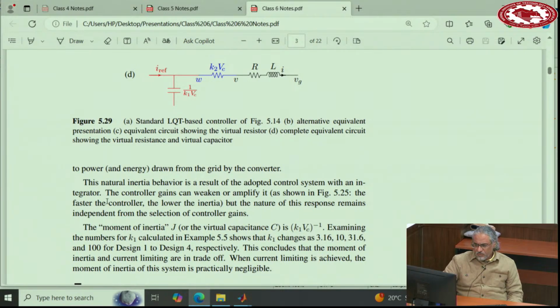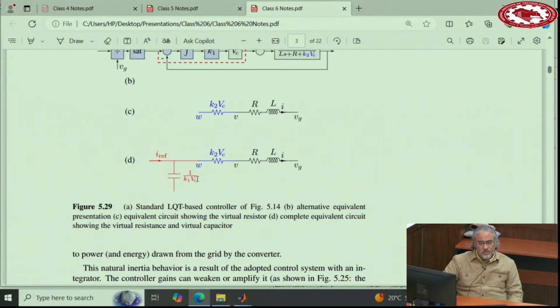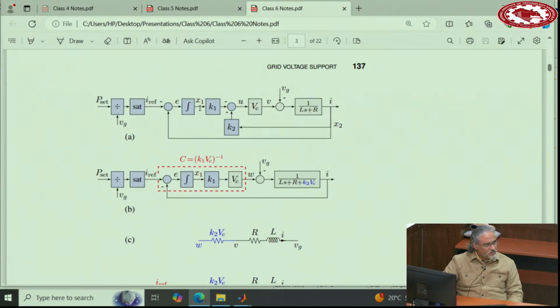The amount of this capacitor will be extremely small. So really, you cannot rely on the inertia coming from this capacitor. It's a very tiny amount of inertia. If you want to increase this inertia, the only way is to decrease K1. But if you decrease K1, the speed of the control loop goes down.